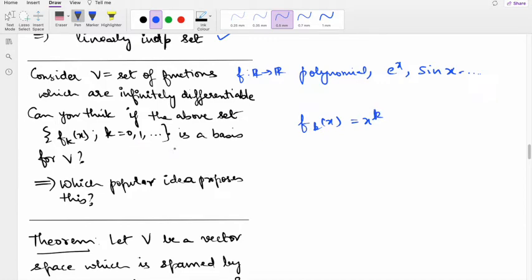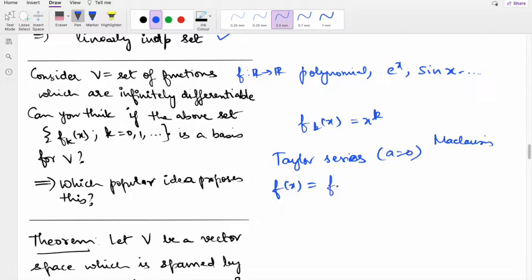There is an idea, which is your Taylor series expansion, for let's say a equal to 0, in some sense the Maclaurin series. It tells us that any function f of x can be seen as an expansion in powers of x.